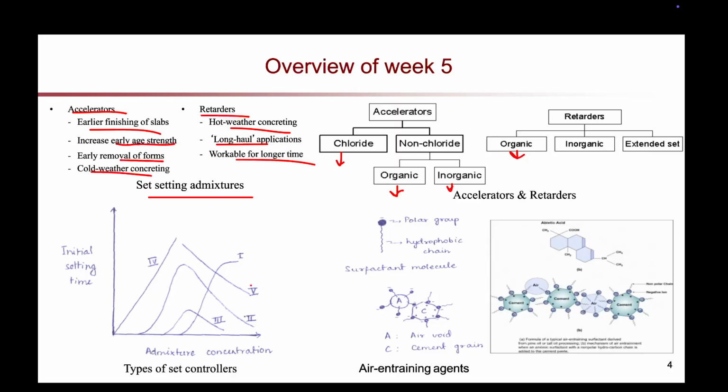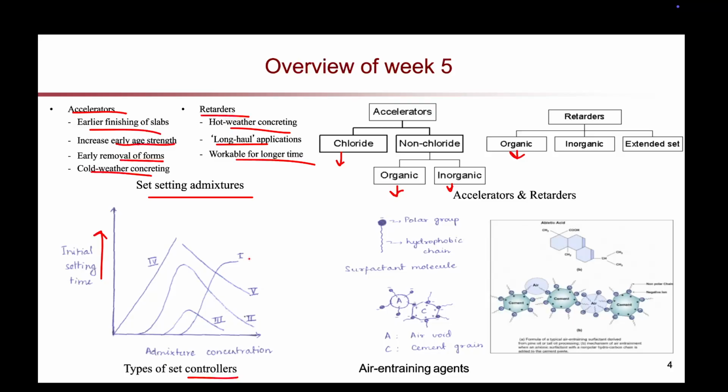So as we talked about set controllers, we have accelerators and retarders. Another type of classification is that we have 5 types of set retarders: 1, 2, 3, 4 and 5. You can see all the graphs are very different. How is it different? Type 1, with the increase in admixture concentration, your initial setting time also increases.